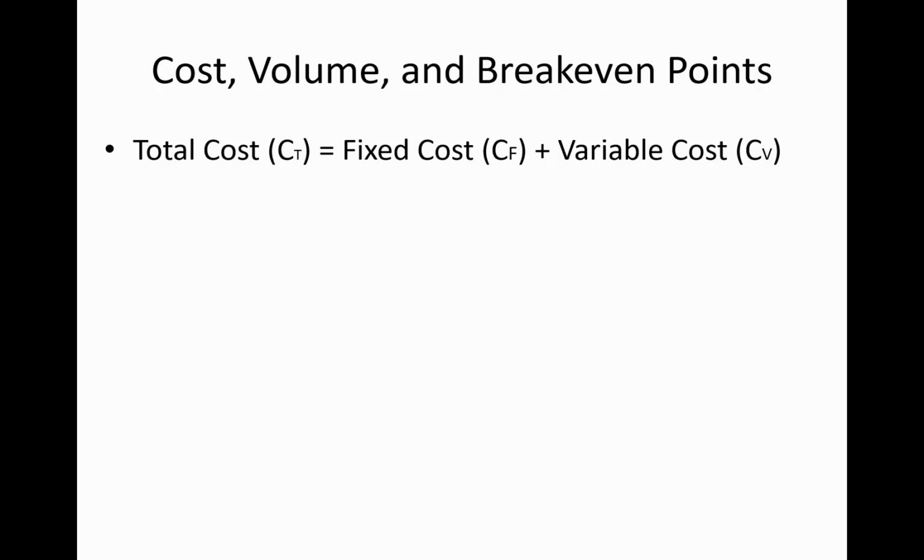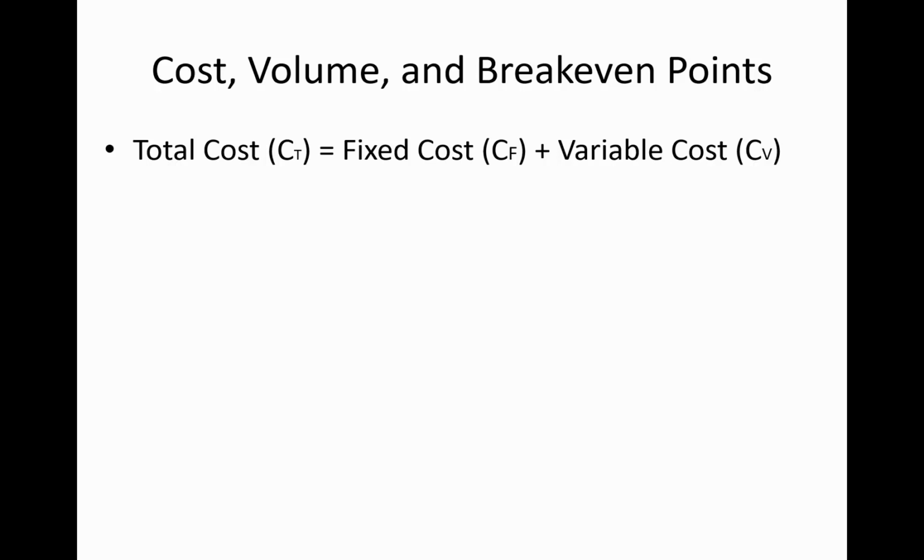All right, now let's talk about the things we need to understand in order to get to profit, because we've just been talking about the revenue coming in so far. Revenue is your selling price multiplied by the number of items sold. But to make those items, you had to spend money. And broadly speaking, the two main categories of costs are costs that are fixed, meaning it doesn't vary based on how many you're making. So think about Toyota.